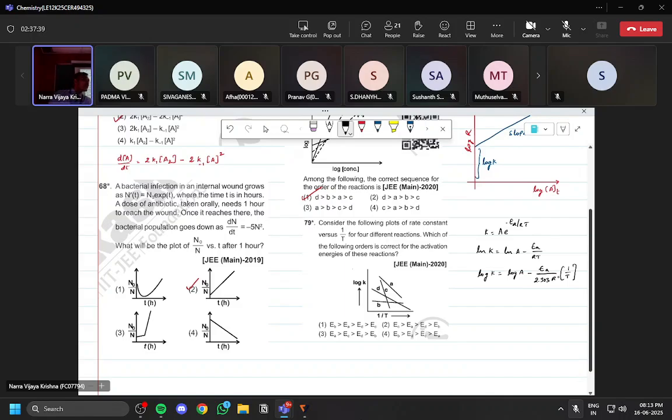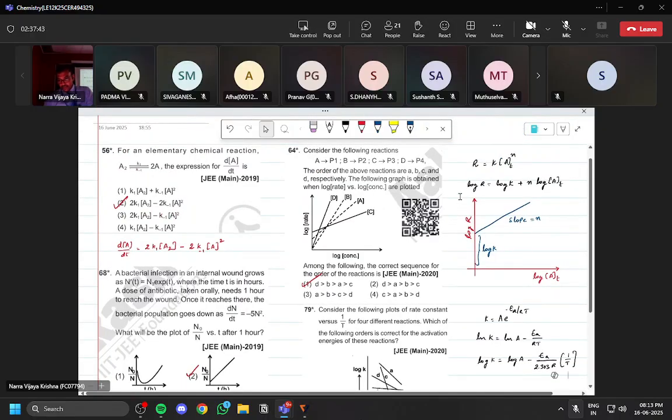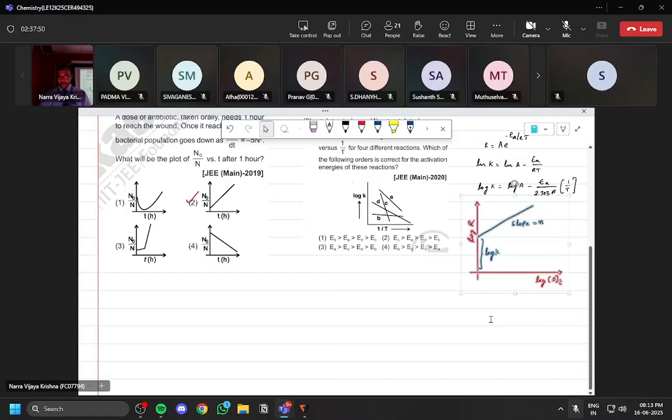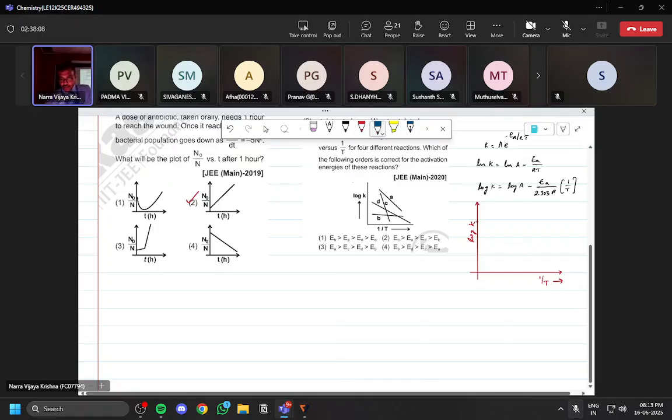Now if you plot a graph, how will the graph be? I am plotting a graph between log k versus 1 by T. Slope negative, intercept positive, means the graph will be like this.